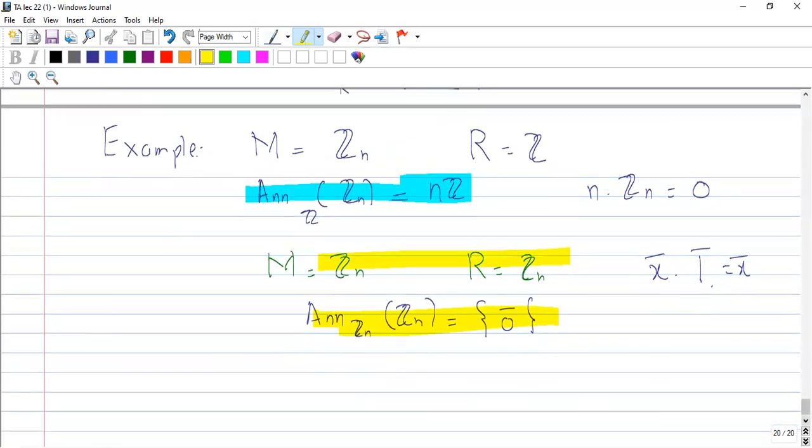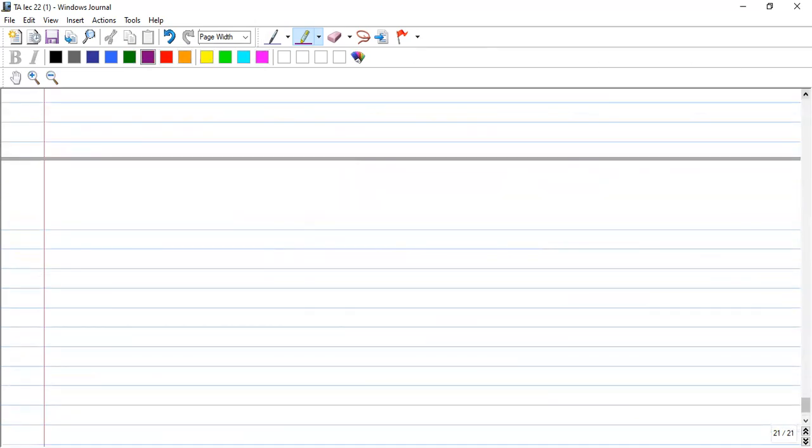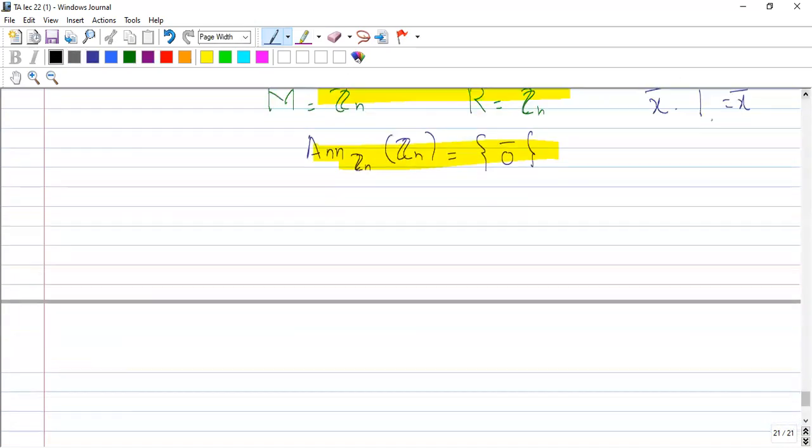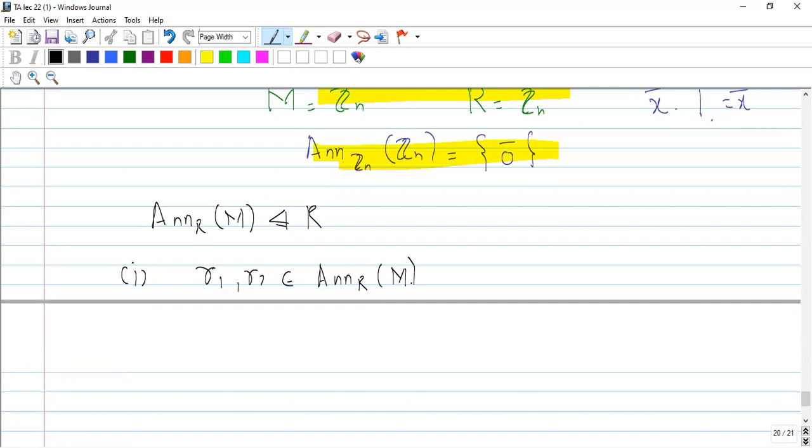Okay, the last thing that I just need to show is my claim that the annihilator is an ideal. So again, for this purpose, I will take two elements from the annihilator. Let's say R1 and R2 are from the annihilator. Okay, what I need to show is that their difference is also in the annihilator.